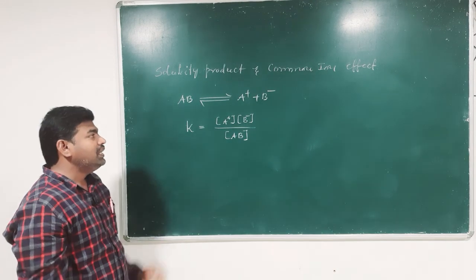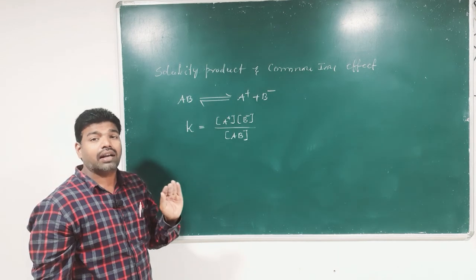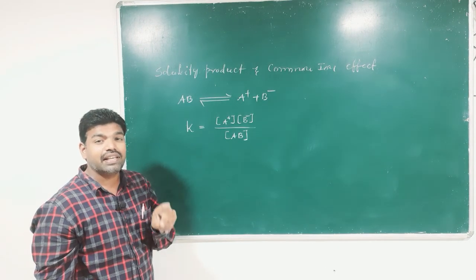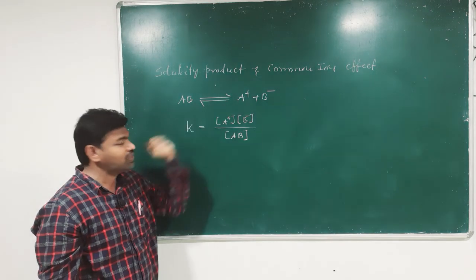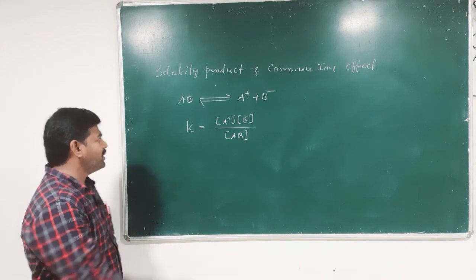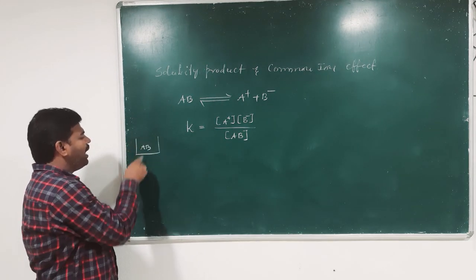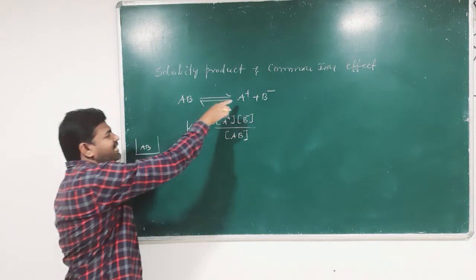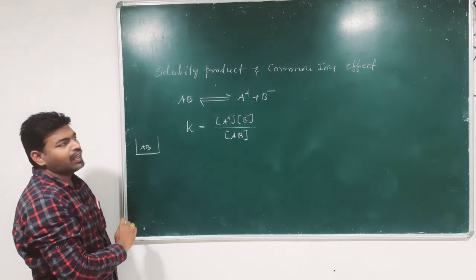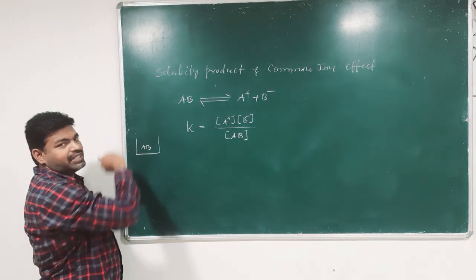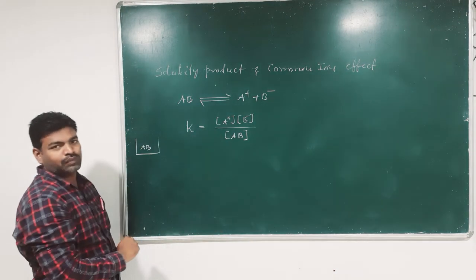There exists an equilibrium between ionized ions and unionized electrolyte, and we can write the equilibrium constant, right.